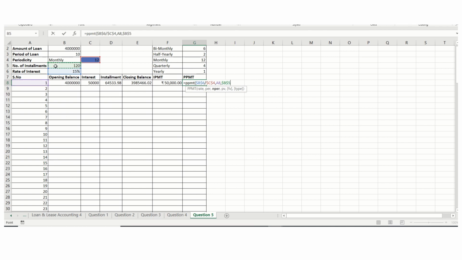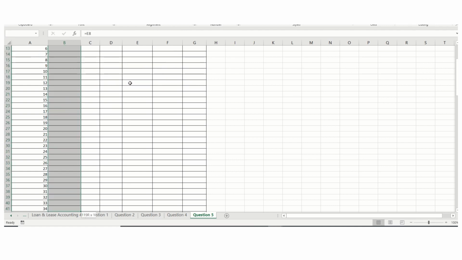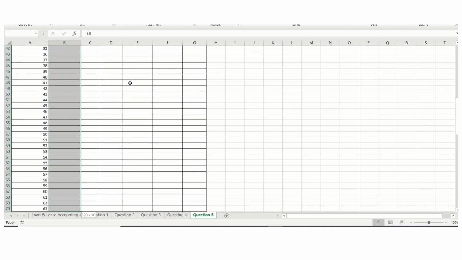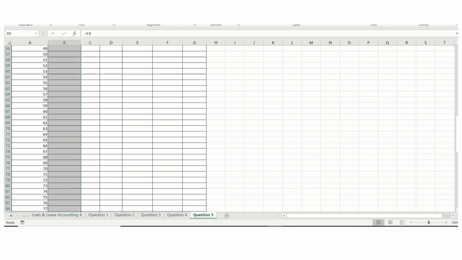My NPR number of installments and my present value minus of P2. Okay? My opening balance for the second one is closing balance of the first. Now I just do the dragging thing. I'll pause it and then I'll drag and then show you the result.